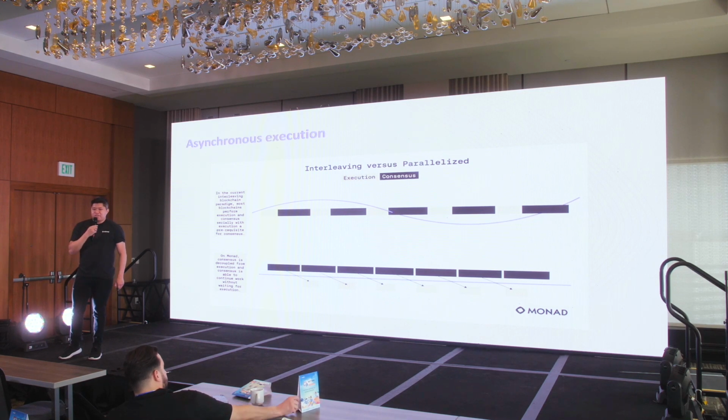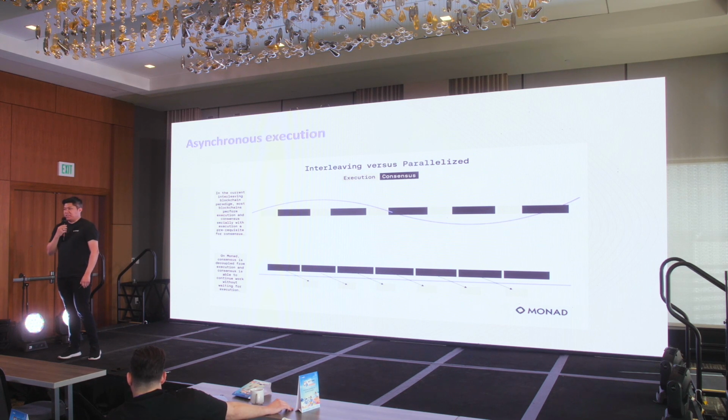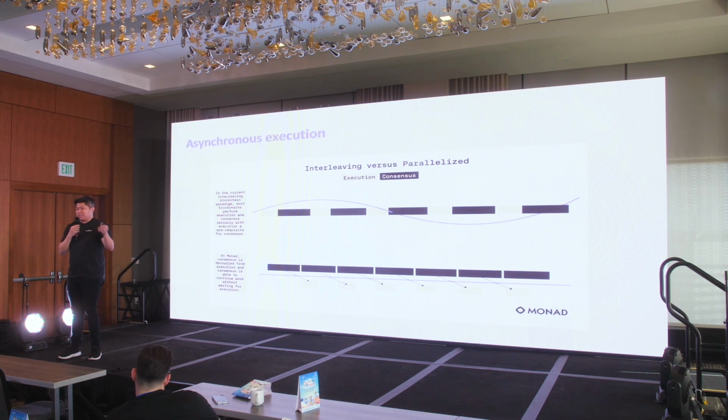But if we do the following, which is to have all the nodes first reach consensus on the official ordering of transactions, and then once consensus completes on that block, move on to consensus on the next block while simultaneously executing the list of transactions you just reached consensus on, doing those in two separate swim lanes, we can massively raise the budget for execution, which is what you see here.